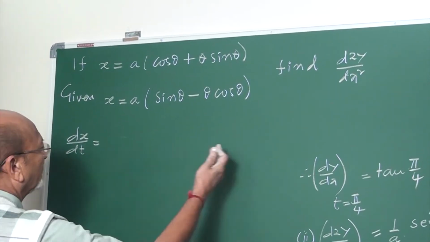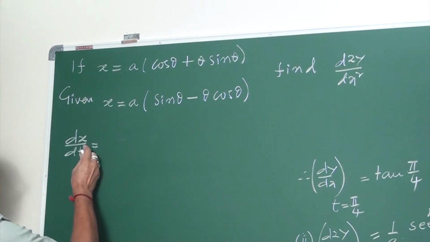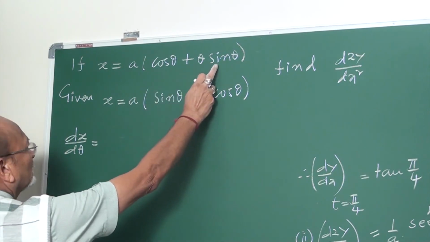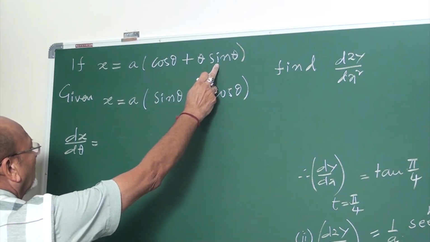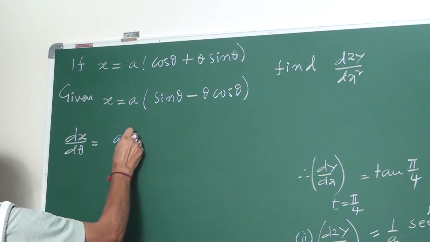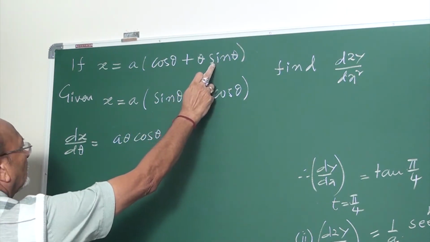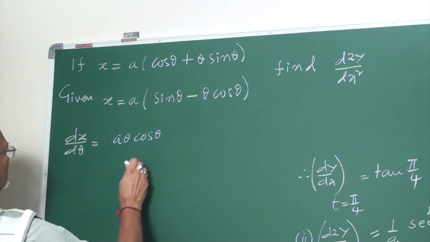You know everything. Dx by d theta, I hope. Minus sin theta cancels with plus sin theta. You are left with a theta, derivative of sin theta is cos theta.